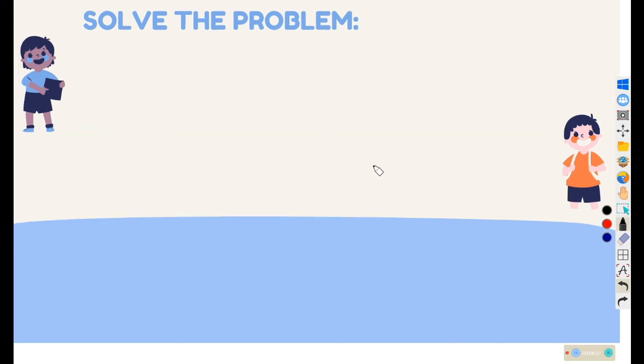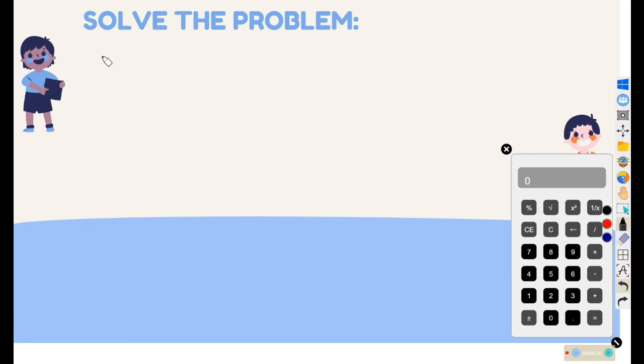Okay, so we calculate one by one here. So we have Mr. Ramasamy. Okay, we need to find the ROI. I'm drawing a box here.